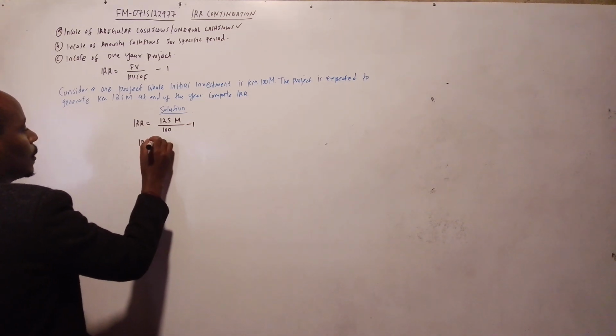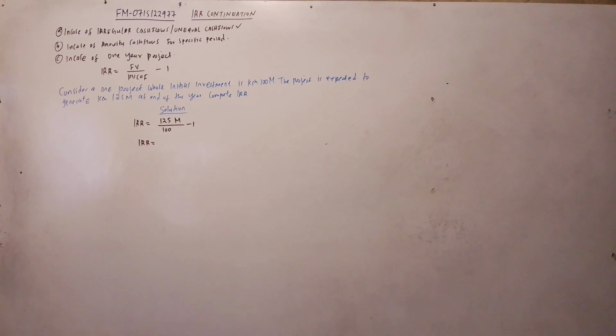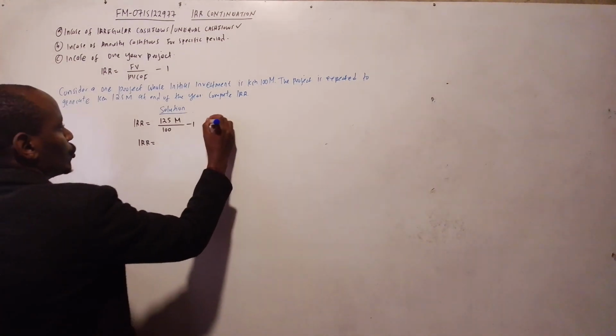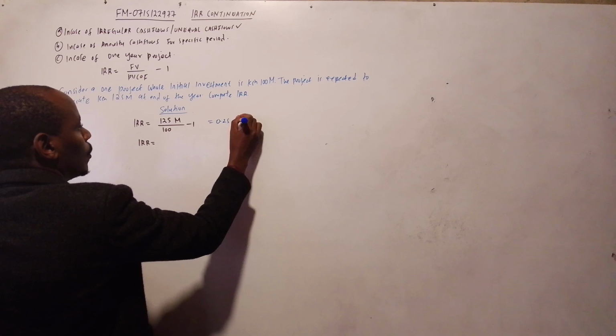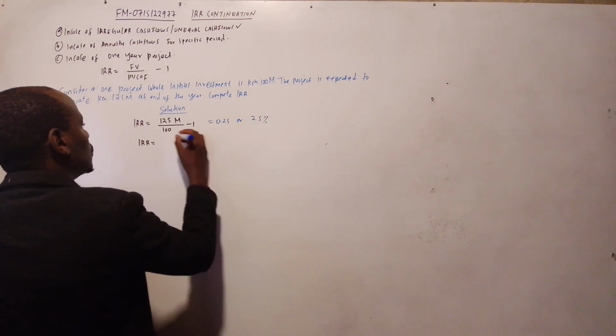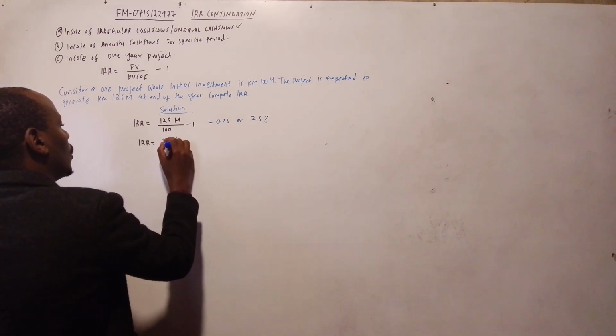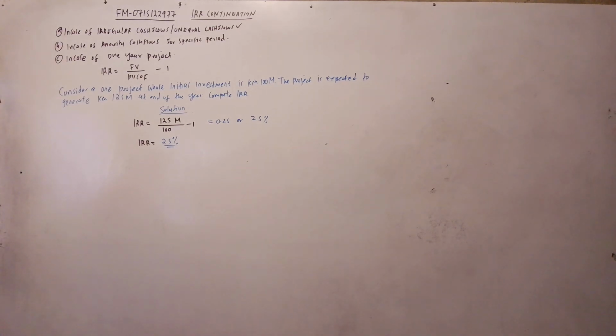As easy as ABC. So itakuwa ni ngapi? So ni 125 divided by 100 minus 1, which is 0.25, or 25%. That is the value of IRR. So that is the case of 1 year project. Let's go to the last one.